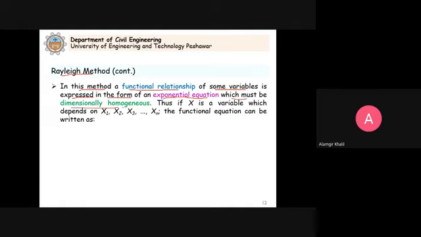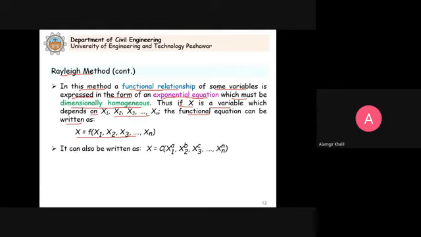This principle of dimensional homogeneity, PDH, written in your textbook, is actually the foundation of these methods. Thus, if x is a variable which depends on other variables, the functional equation can be written like this: dependent and independent variables.